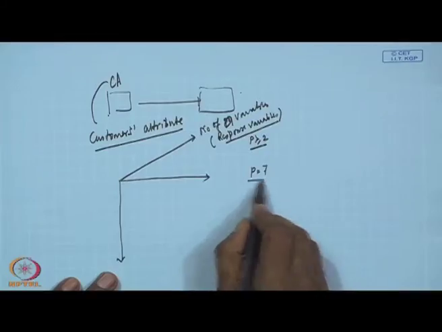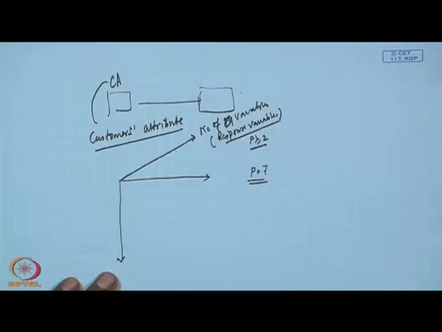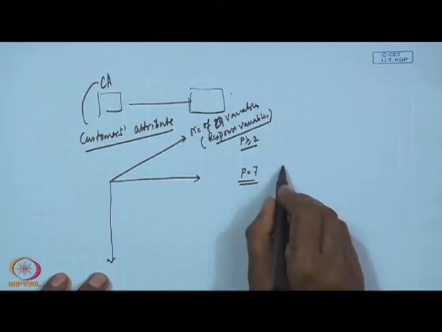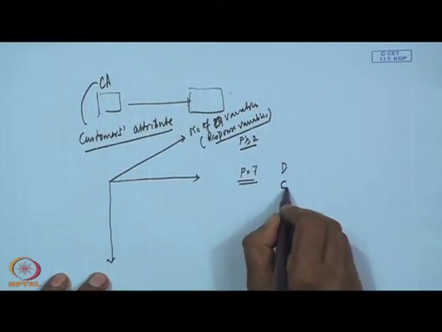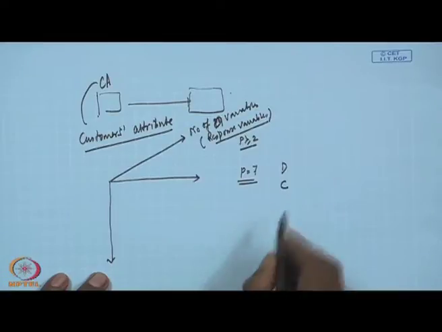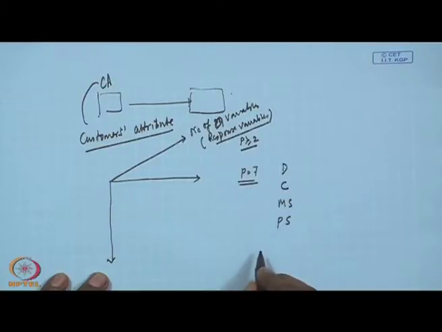P equal to 7. So, 7 response variables, starting from demand, then control, then management support, then peer support, then your relationship, then your role, then change.